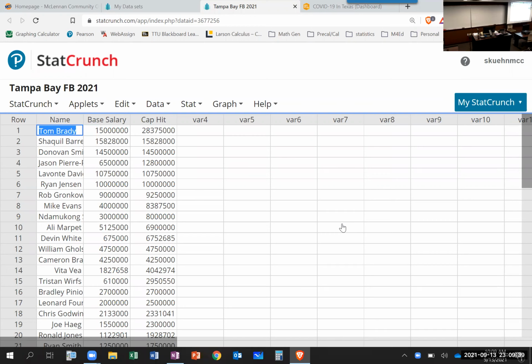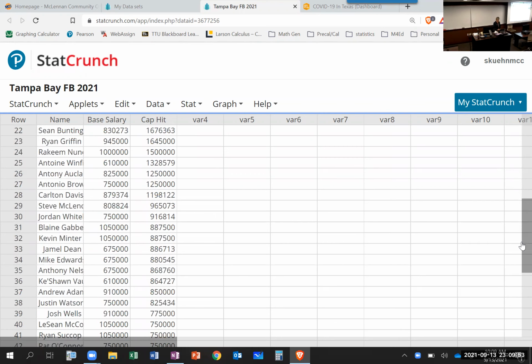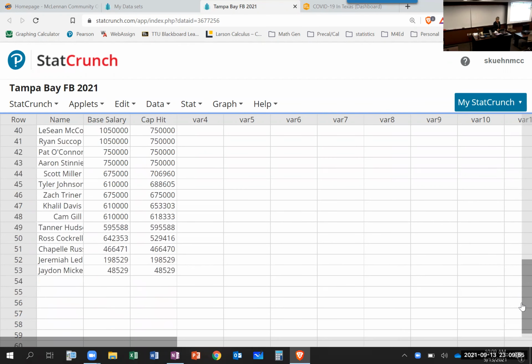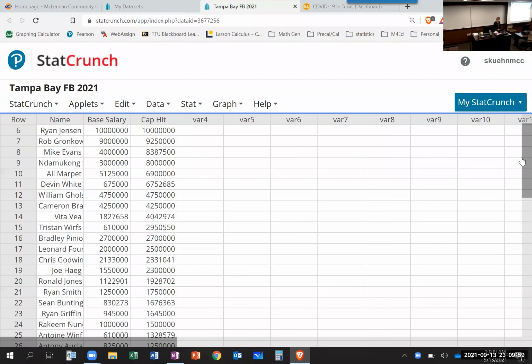It's really kind of a cool place to go. I have their base salary, which is what we're going to focus on, because I don't know anything else about the rest of that stuff. Here is all of the base salary, if I scroll down, for the 53 people that I assume are on their roster.